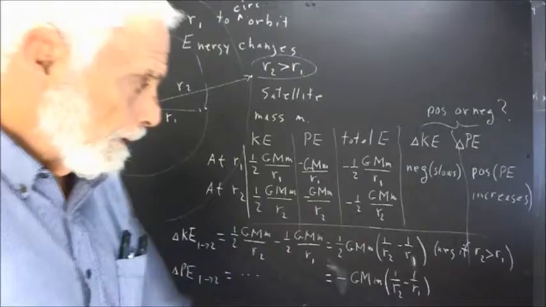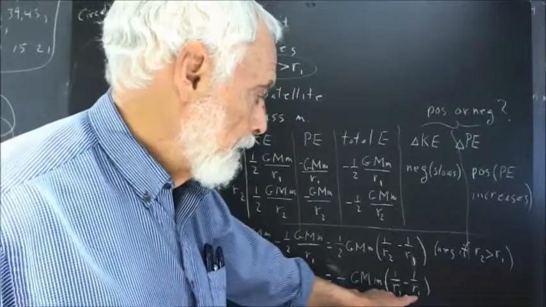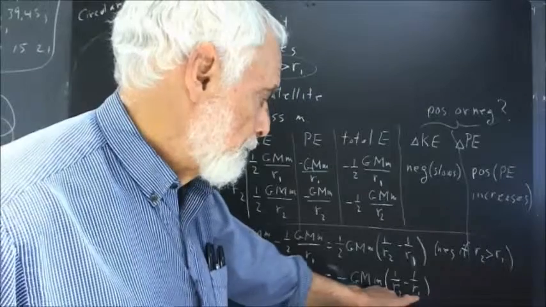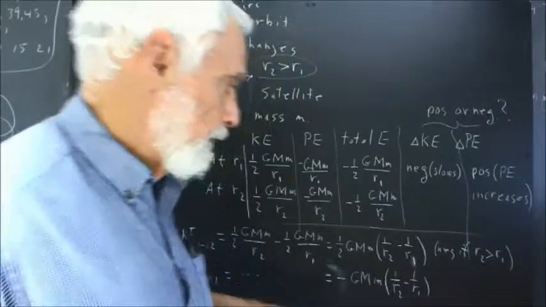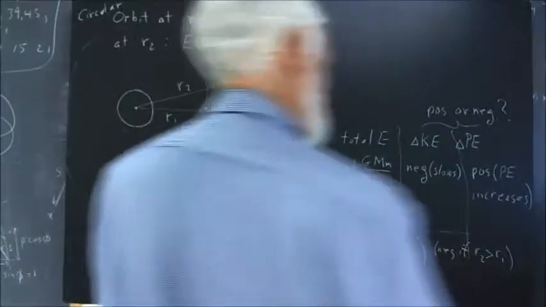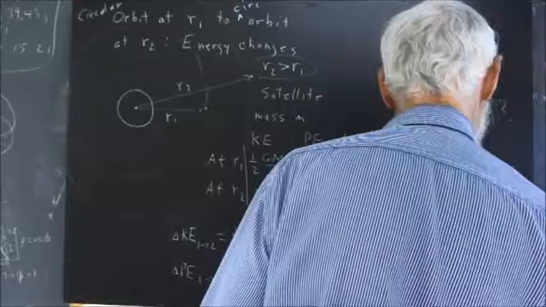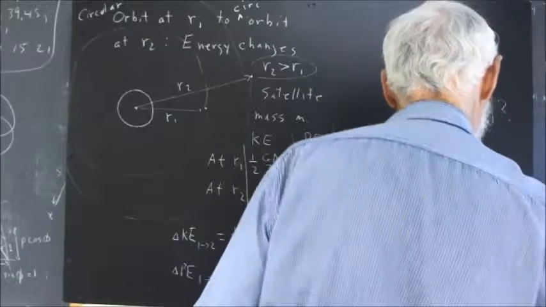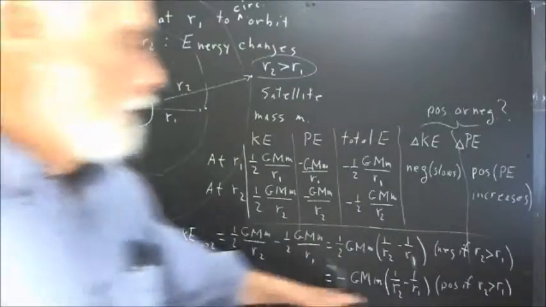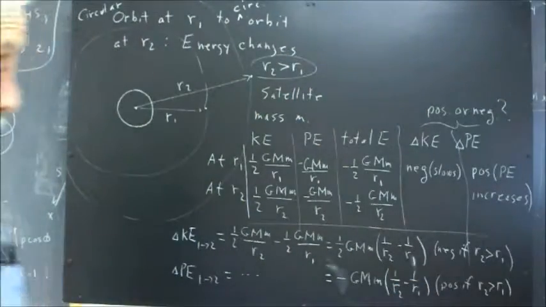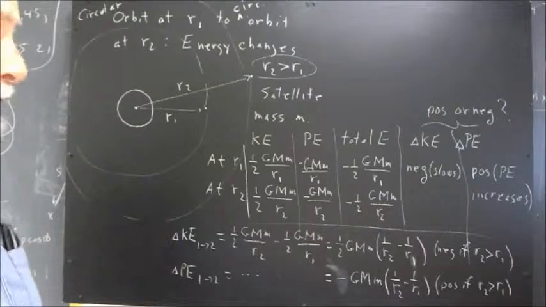Now since this is negative, if R2 is bigger than R1, this is smaller than this, so you're subtracting a larger from a smaller, and you're going to get a negative, but you've got a negative here, so again, it's positive. So if you're going from a closer orbit to a farther orbit, you're increasing your gravitational potential energy. You're losing kinetic energy.